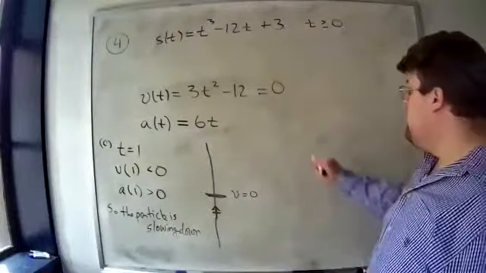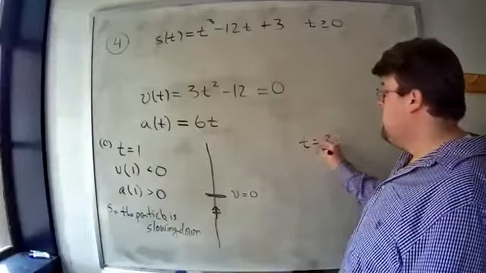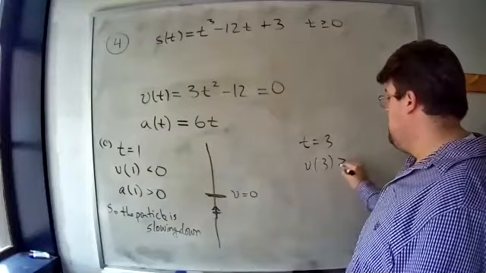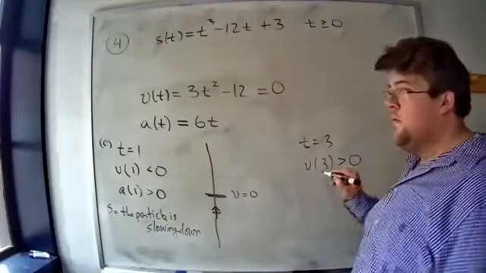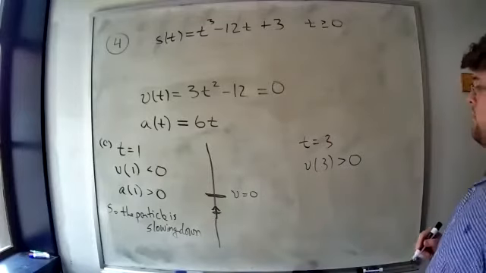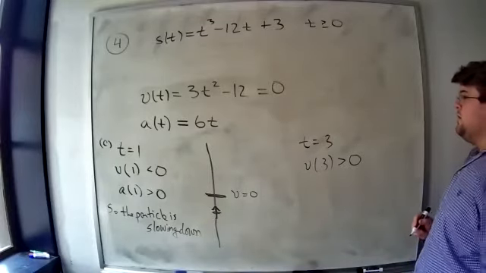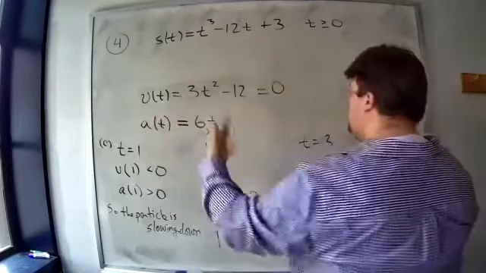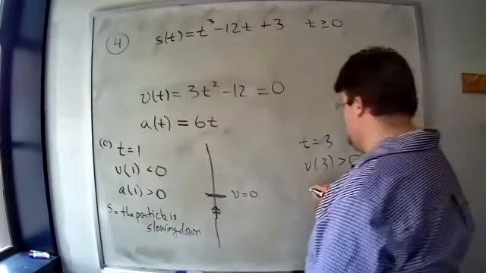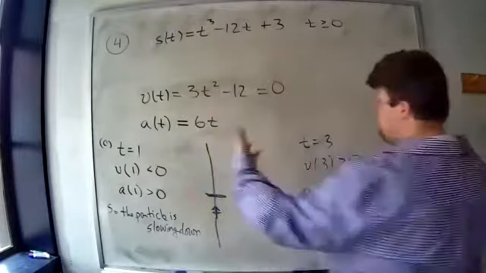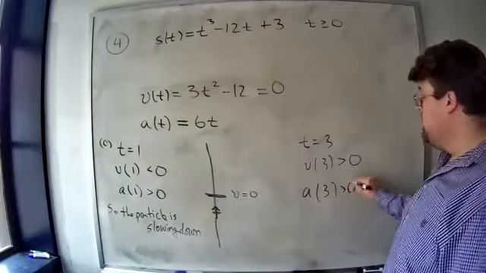Any questions about that one? Okay. What about at time equals 3? Well, in part B, we found that at time 3, velocity is positive. Right here, acceleration at 3 is positive 18, so it's positive.